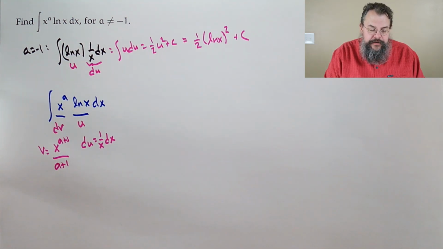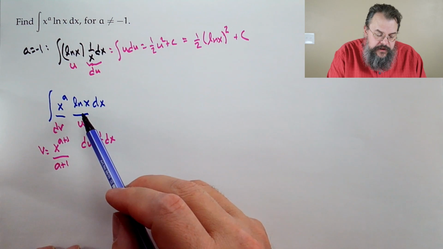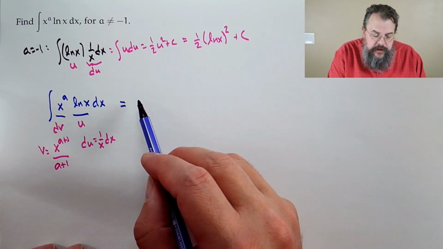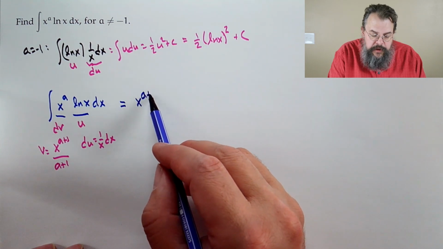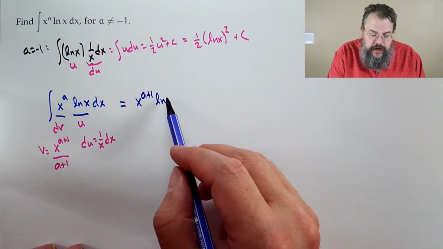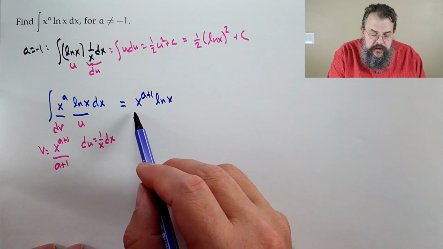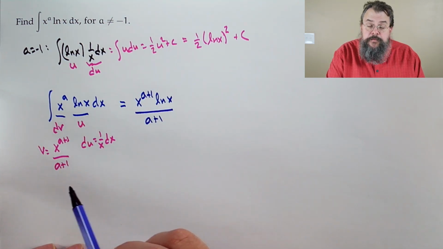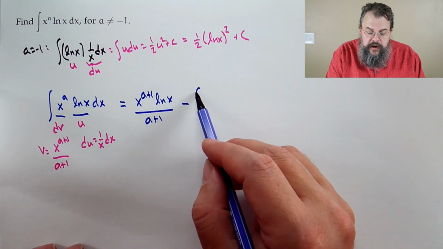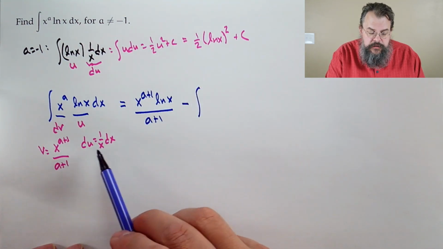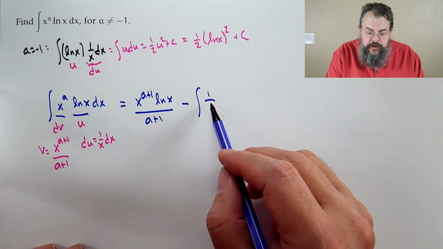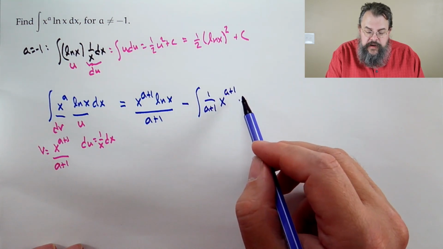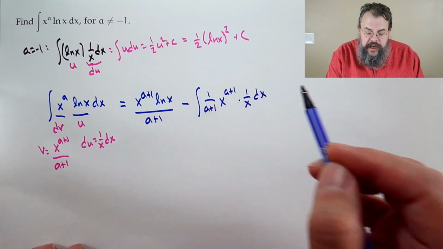Well, now we have an integral of uv. So we have x to the a plus 1 natural log of x divided by a plus 1. So that's our uv minus our integral v du. So that's 1 over a plus 1 x to the a plus 1 times 1 over x dx.